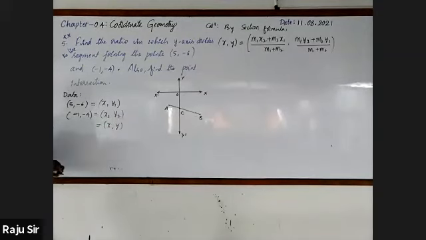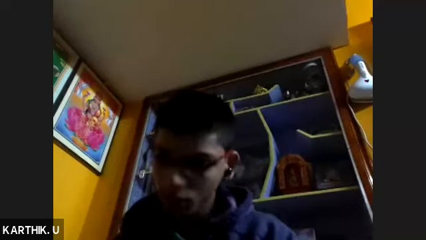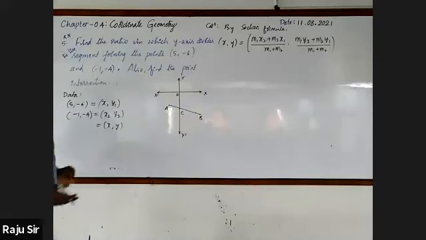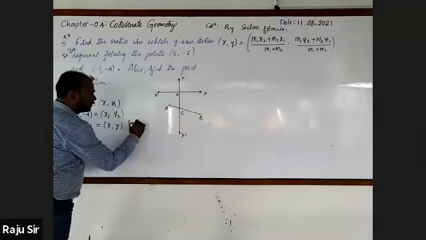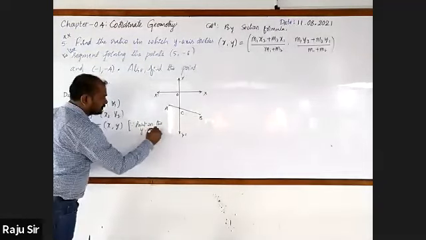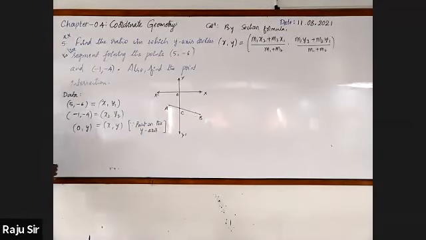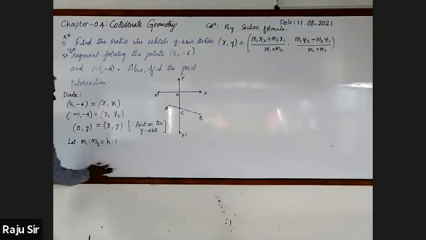The line is divided by the y-axis, hence we can write it as (0, y), equal to (x, y), because it is a point on the y-axis. The ratio we do not know. Let M1 is to M2 be K is to 1.